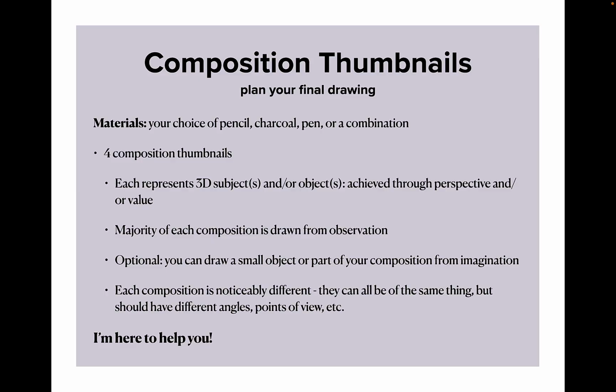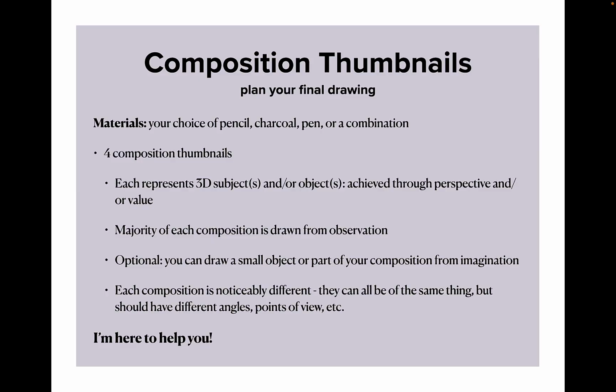And I'm giving you a lot of freedom. It can be a subject matter like a place, or a landscape or a cityscape, or objects. It can be still lifes. It can be flowers, nature, plants. But the majority of each composition needs to be drawn from observation and have some 3-dimensionality happening.